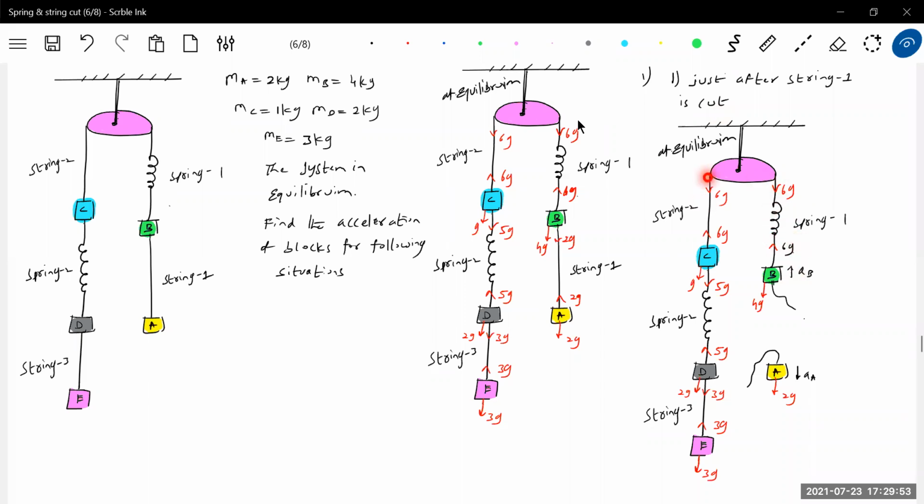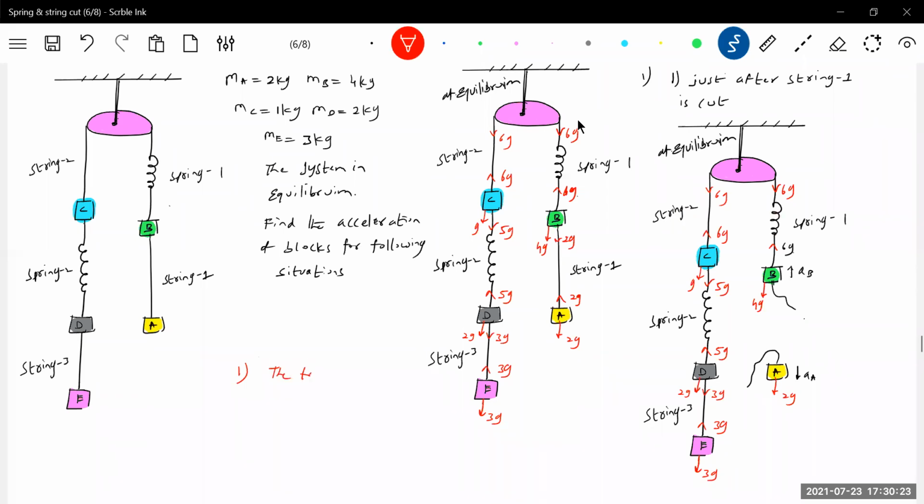Here we have a string. It is connected to spring. So if the spring force doesn't change, the tension also will not change. What is the reason? The string 2 is connected to spring 1. So there's no change in spring force, so no change in tension in string 2. Let me write that expression. We are discussing the first case, no?